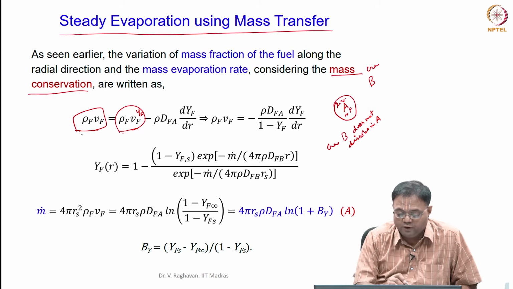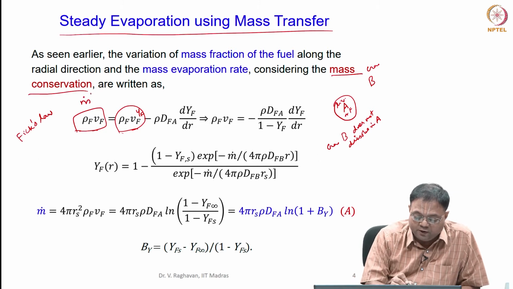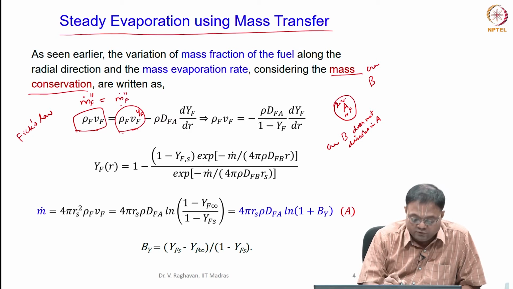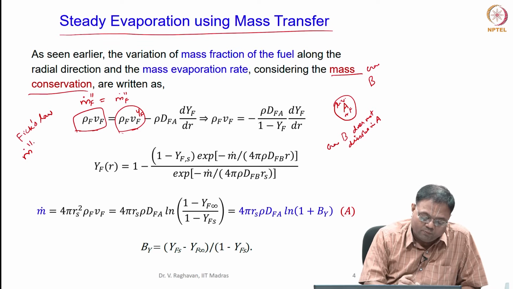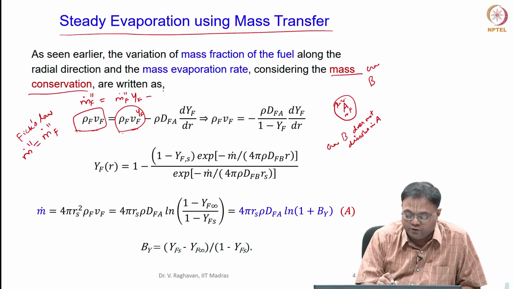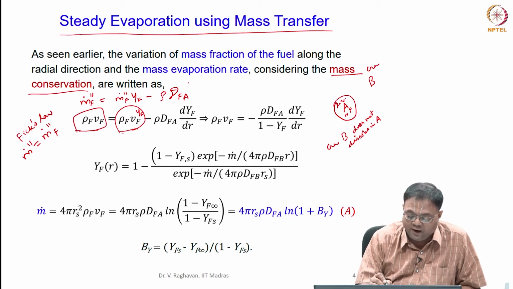When you write this Fick's law, this is nothing but the mass flux at the surface of the fuel equal to the mass flux of the fuel, that is, the total mass flux is equal to the mass flux of the fuel alone times YF minus the diffusion term rho DFA, where A is the ambient fluid or ambient gas.